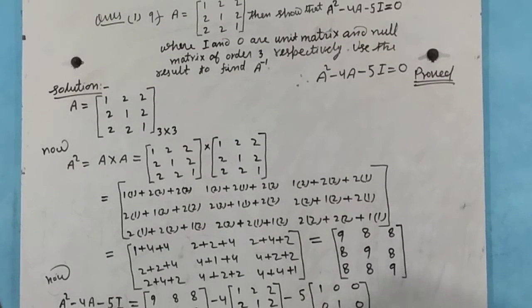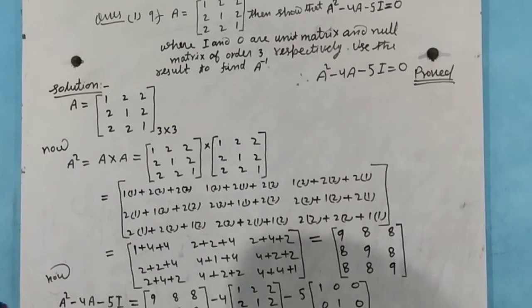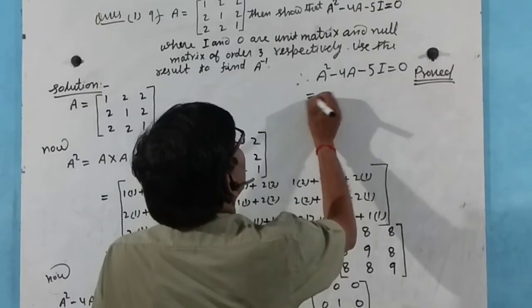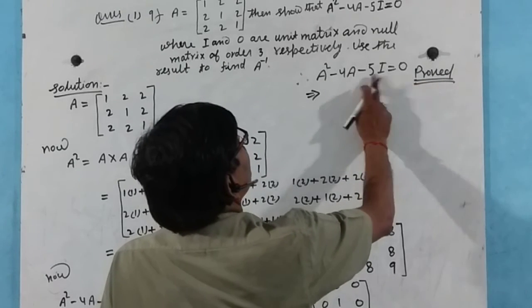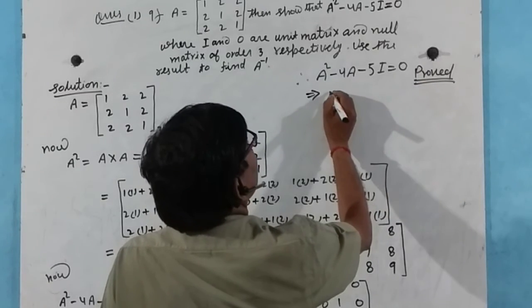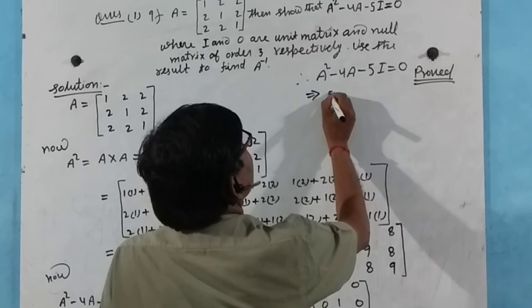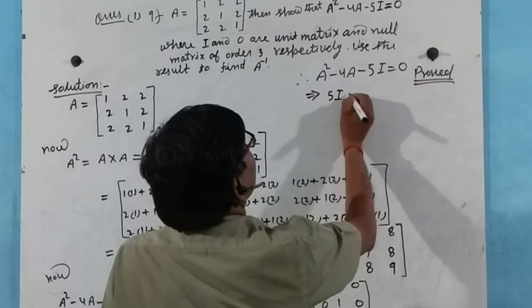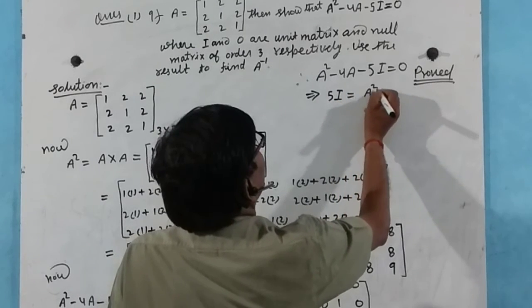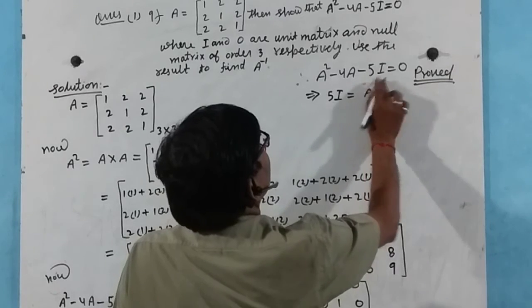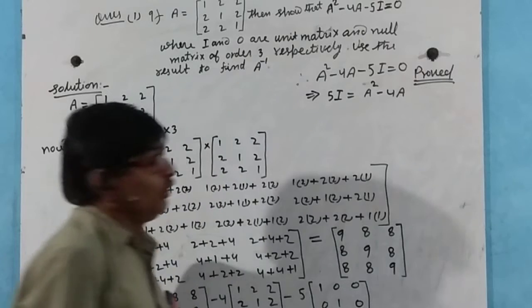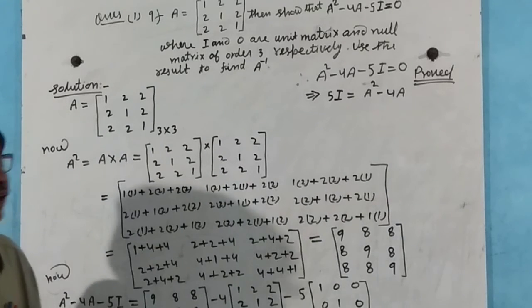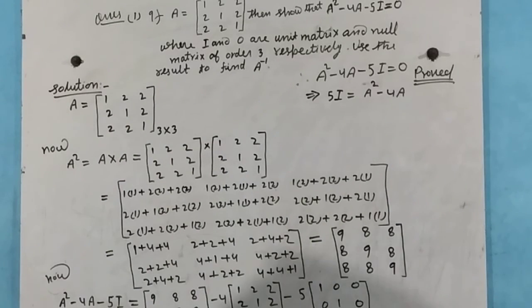Now minus 5I comes here, so that 5I equal to A square minus 4A. We transpose to the other side, so that 5I equal to A square minus 4A.